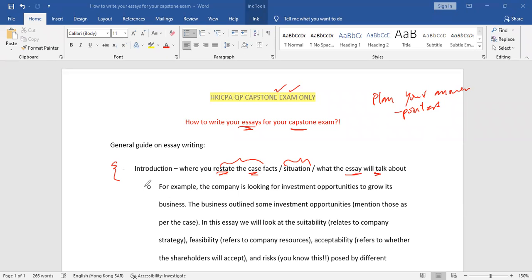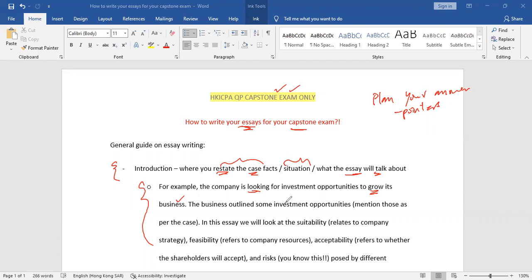I have a simple example here. For example, the company is planning to make some investments, looking for some investment opportunities to grow their business. That's the situation, and they want to do this simply because they want to grow their business. Every business wants to grow, and one way to grow any business is by looking at investment opportunities.